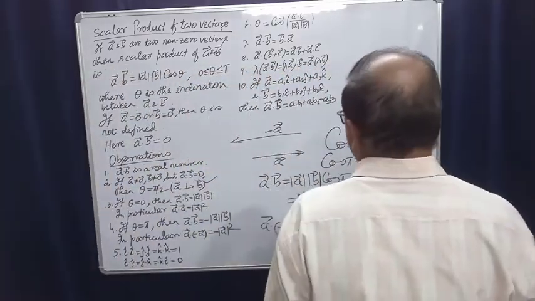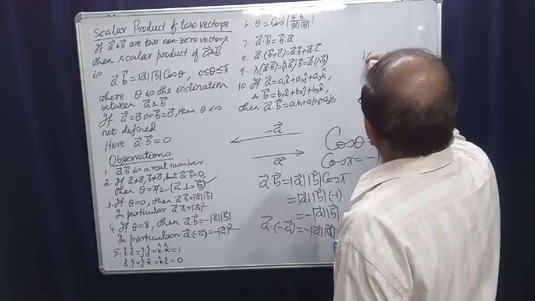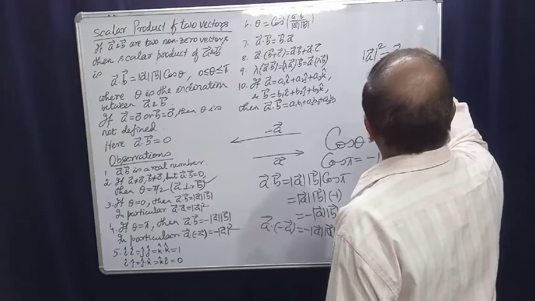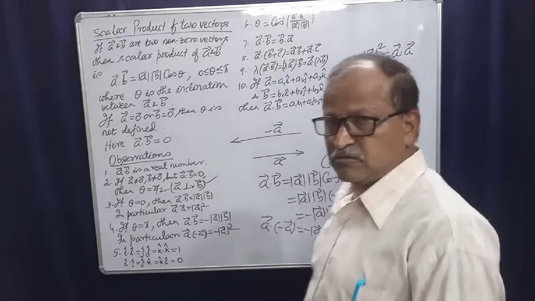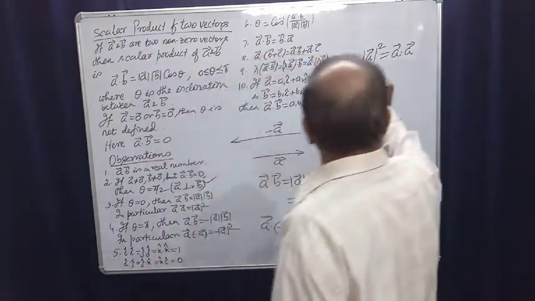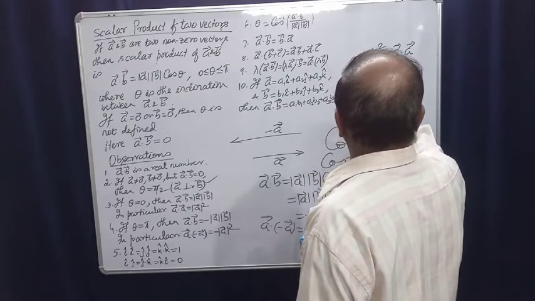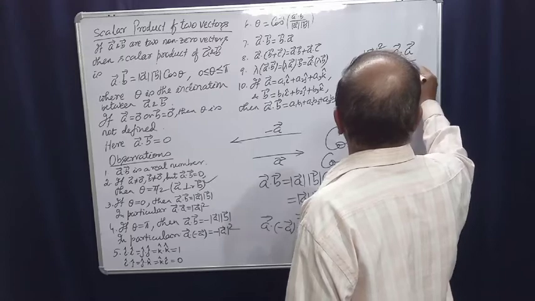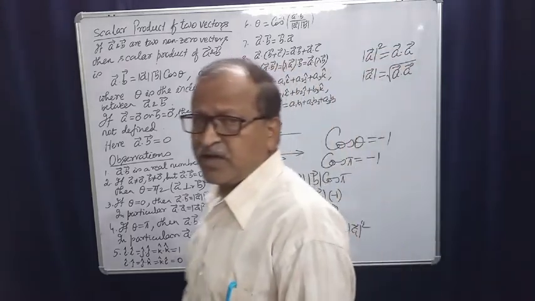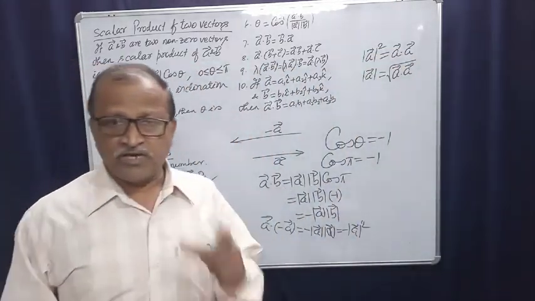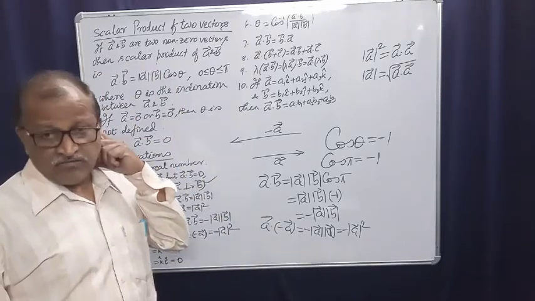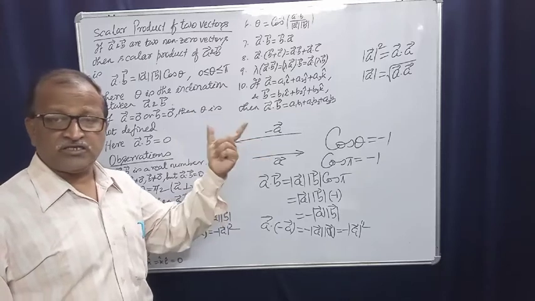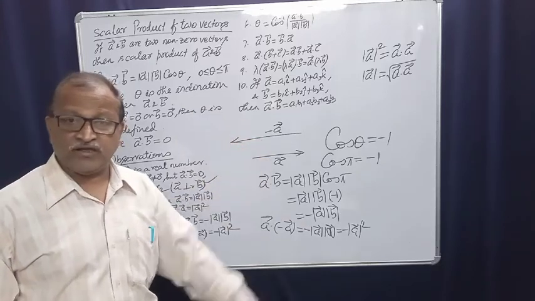So anyway, magnitude of A square can be written like this: A dot A. So this is an application. What will magnitude of A be? The square root of A dot A. Right? Sometimes it is asked to find the magnitude of A. What is magnitude of A? It is the square root of A dot A.